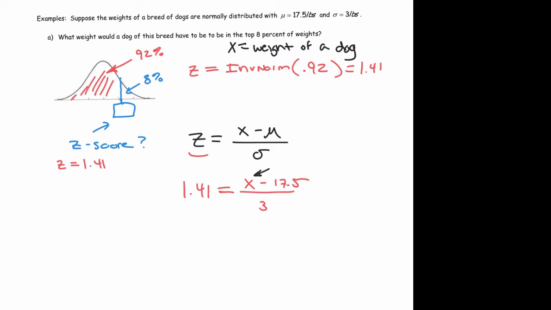To undo dividing by 3, we multiply by 3. Then we add 17.5.